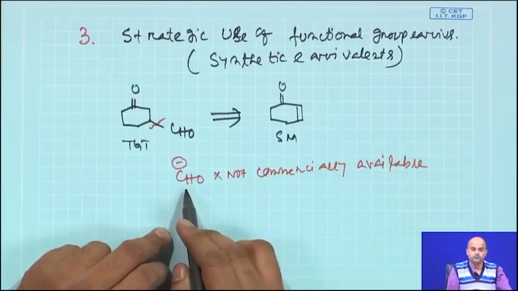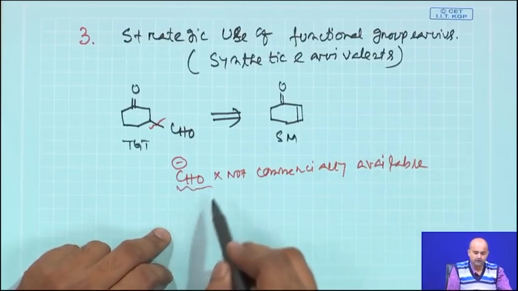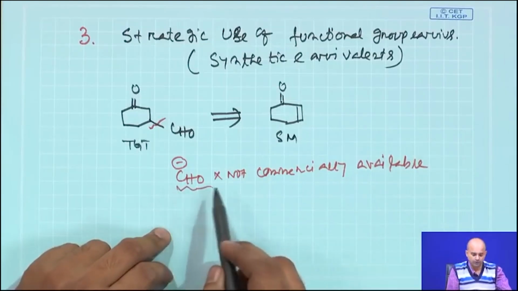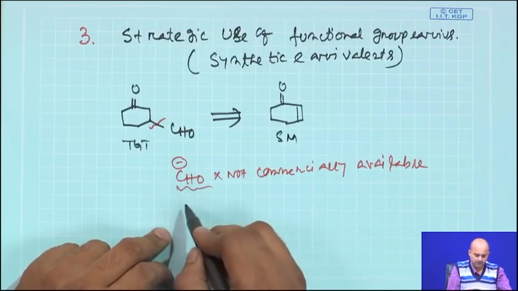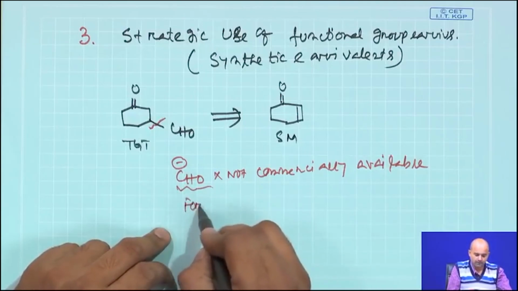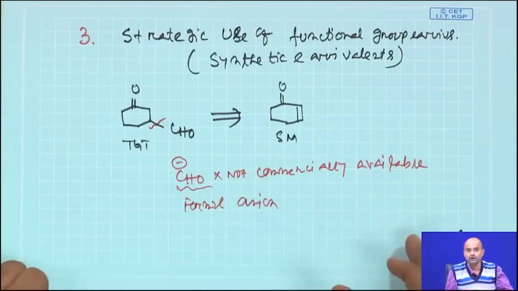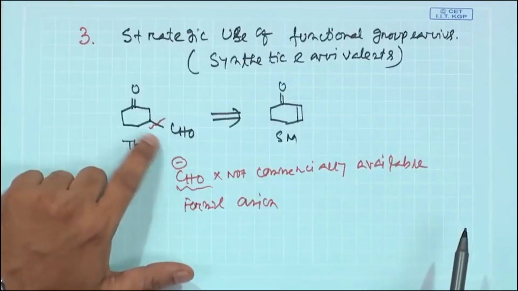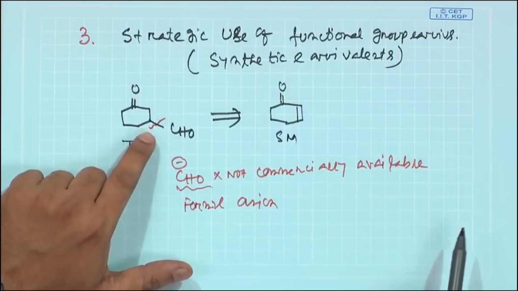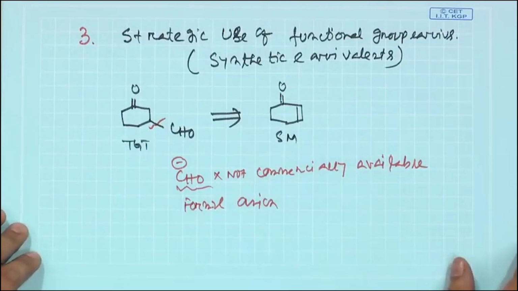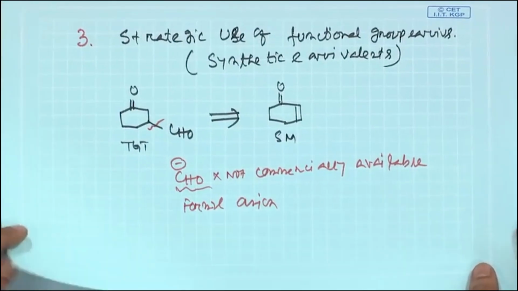This particular species we call a synthetic equivalent or functional group equivalent of a formyl anion. This is nothing but a formyl anion. So, if somehow you have a formyl anion at your disposal, you can do this carbon-carbon bond formation. And probably you all know where this formyl anion can be generated from, but this is what we mean by strategic use of functional group equivalents or synthetic equivalents.